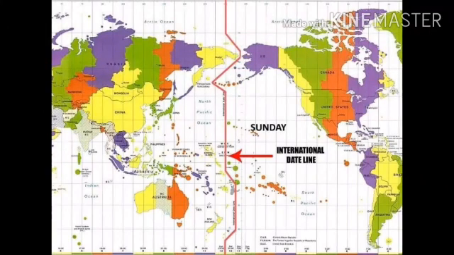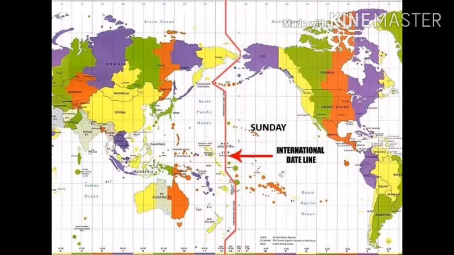First the eastern hemisphere comes in front of the sun, then the western hemisphere. So the western side comes in front of the sun after some time, and obviously the day changes. This is the reason on the east it is 5th June and on the west it is 6th June.